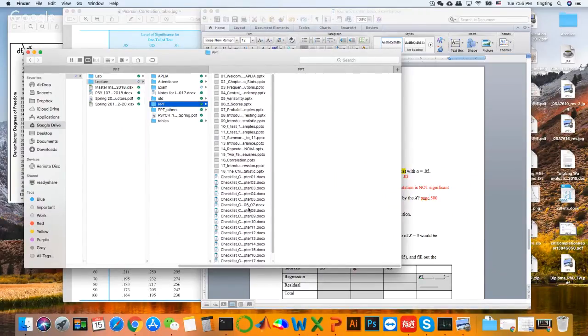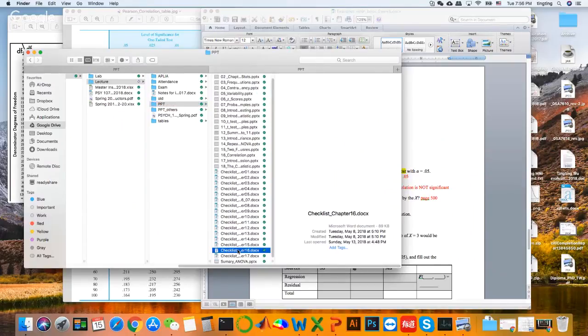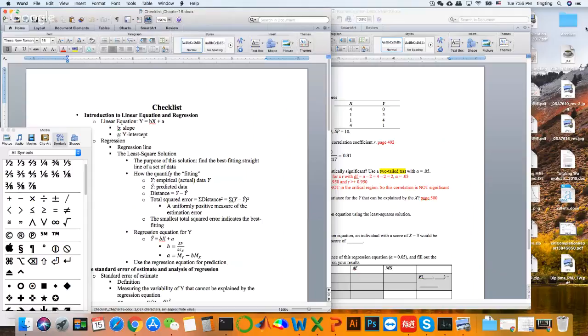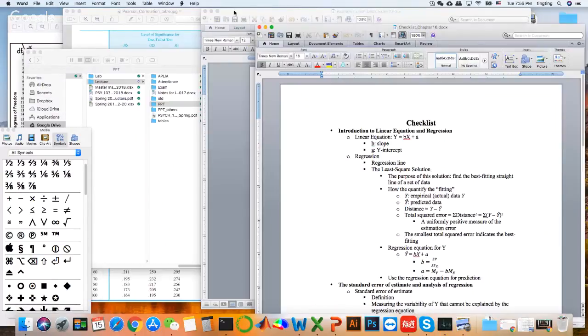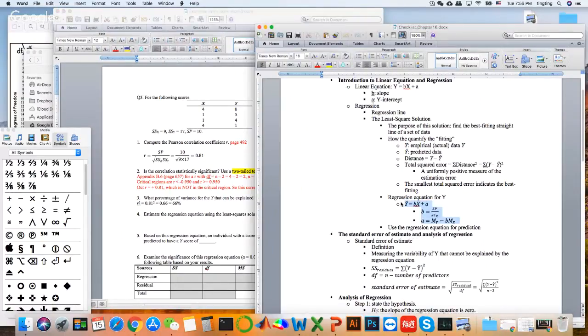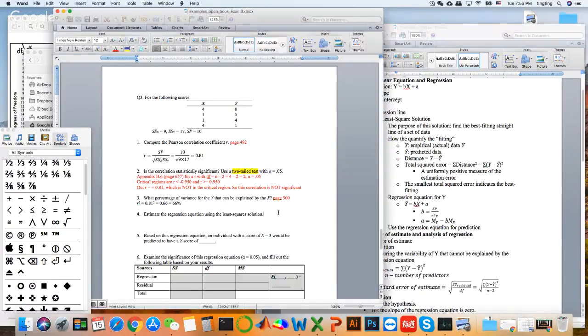We need to use chapter 16 here. Regression function. Here we have the formulas. Also, we have this information in your book.